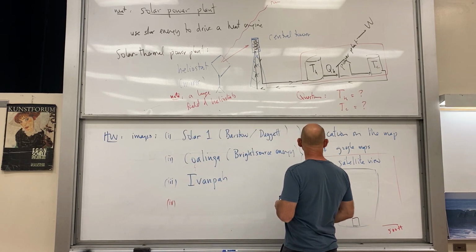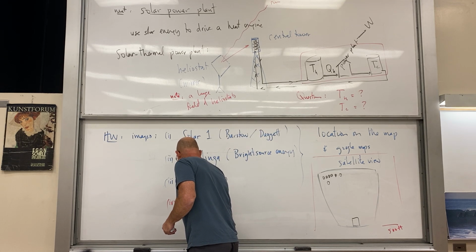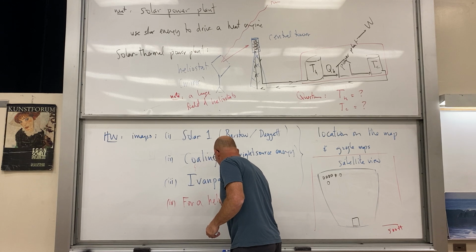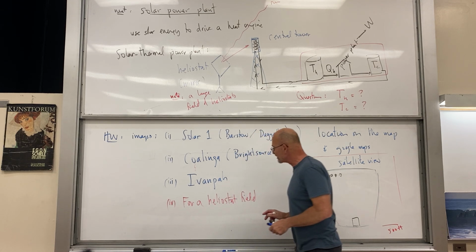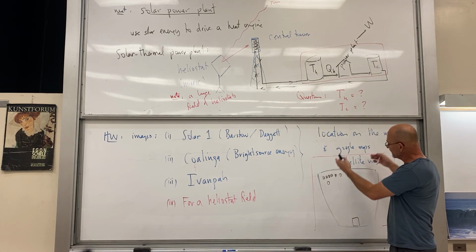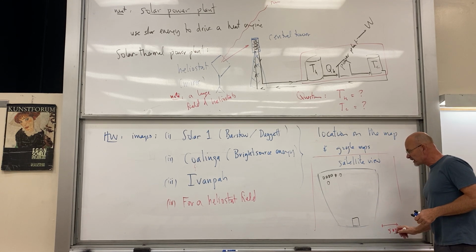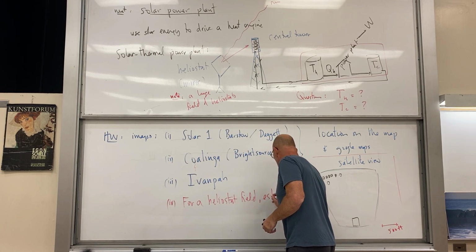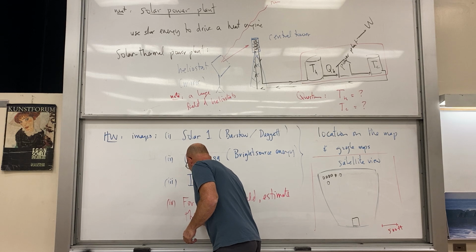And, you know, I'm not sure what the best one is, but for a heliostat field, say you have a nice printout of a heliostat field like this one, and you've got the scale down at the bottom. Estimate the area of the field.